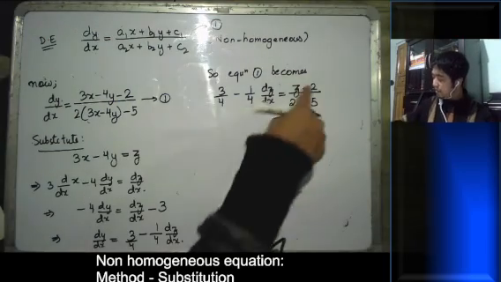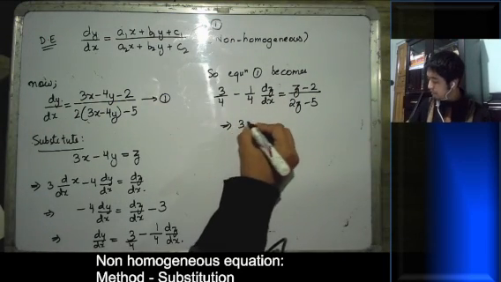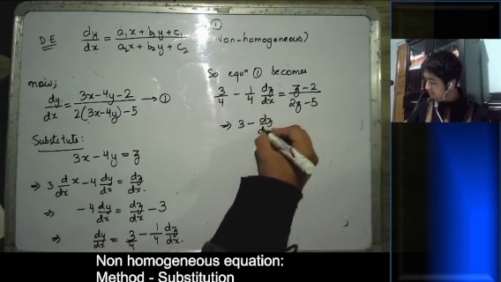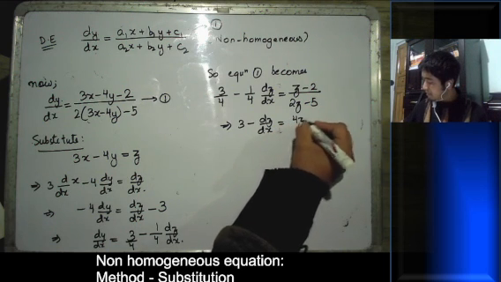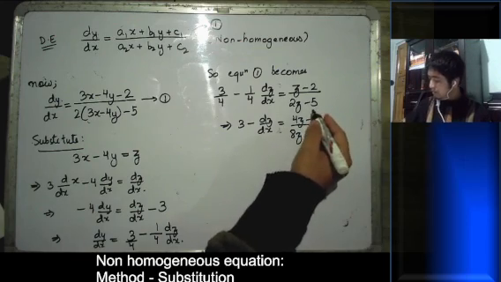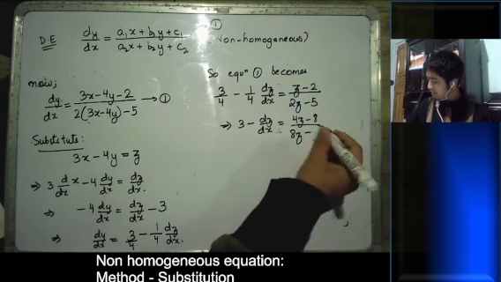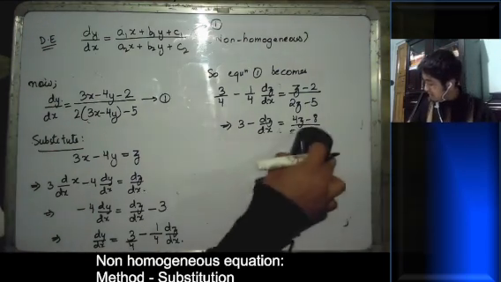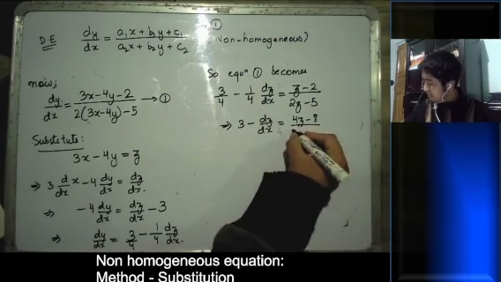Okay, so we can multiply 4 both sides. We'll be getting 3 minus dz/dx equal 4z minus 8 upon 8z. Okay, 8z, this one stays as it is, 2z minus 5.